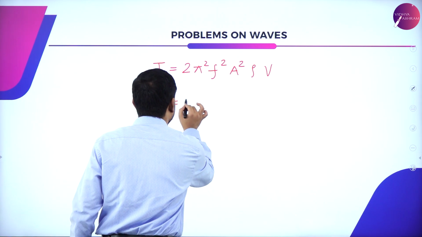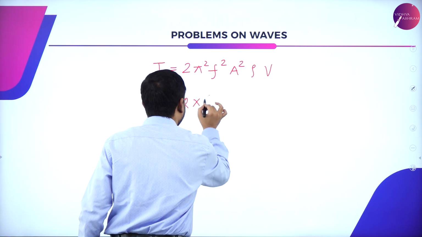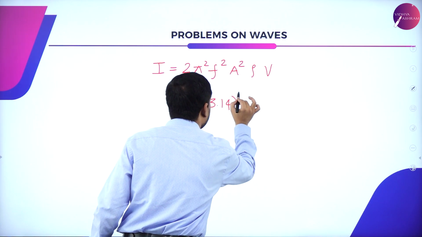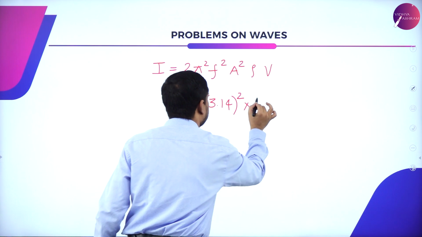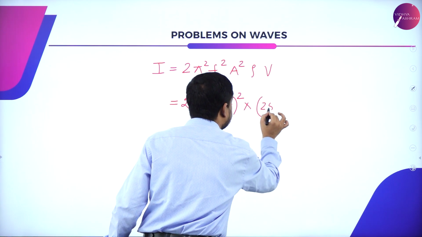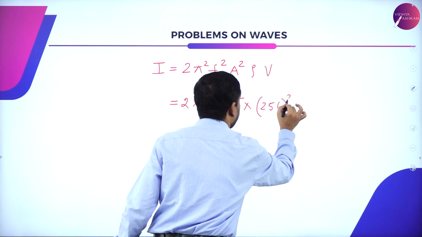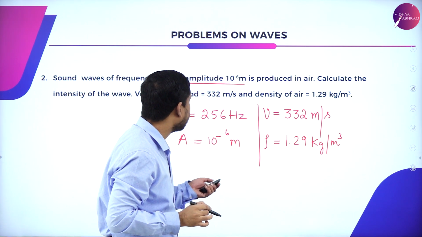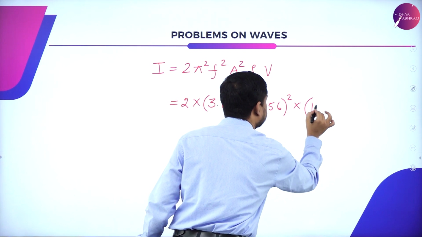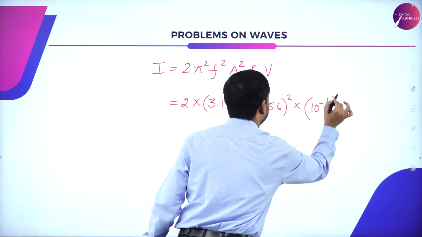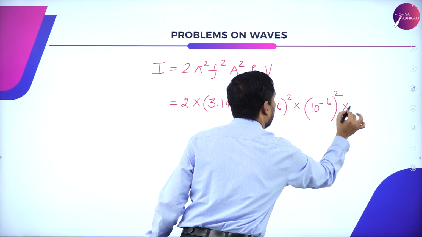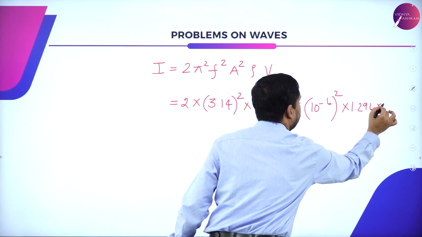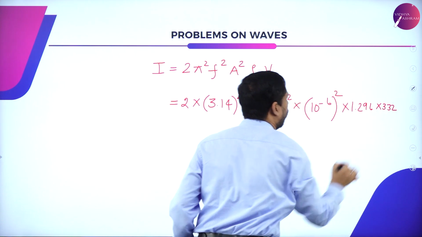On substitution: 2 into pi square, 256 whole square, amplitude is 10 power minus 6 whole square, rho 1.29 into 332.